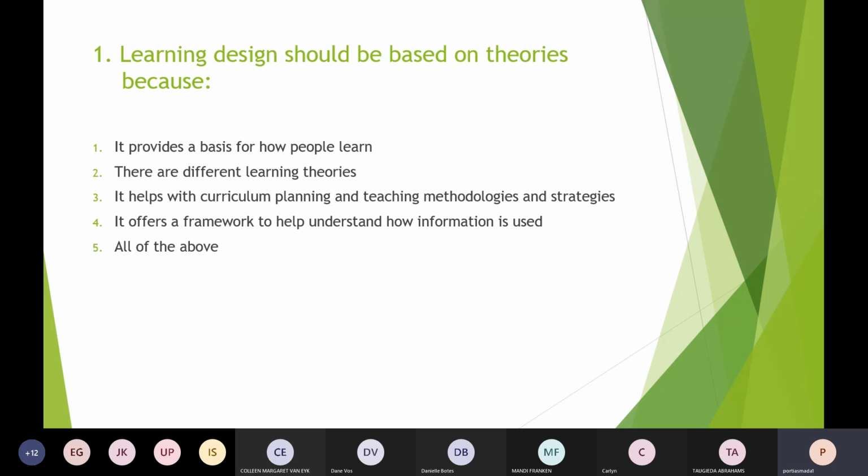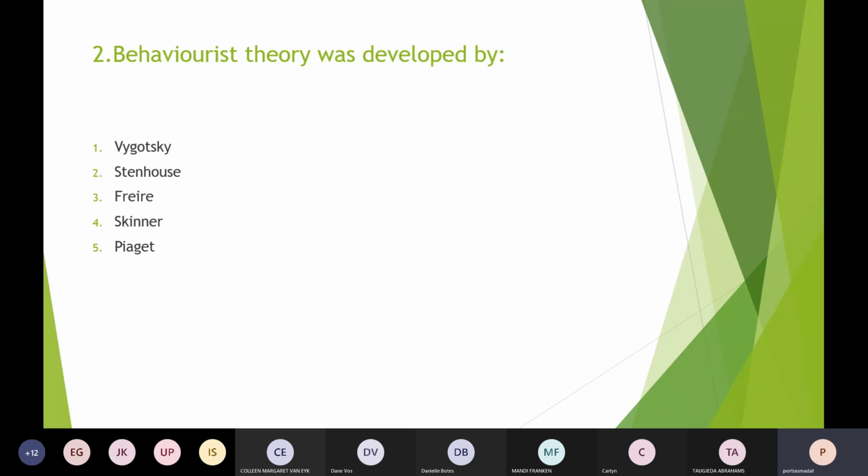Yes, students, so question 1, that's correct if you say it's all of the above. Thank you. Let's move on to question 2. Behaviorist theory. Who developed the behaviorist theory? Was it Vygotsky, Stenhouse, Freire, Skinner, or Piaget? Skinner. Why do you say it was Skinner?